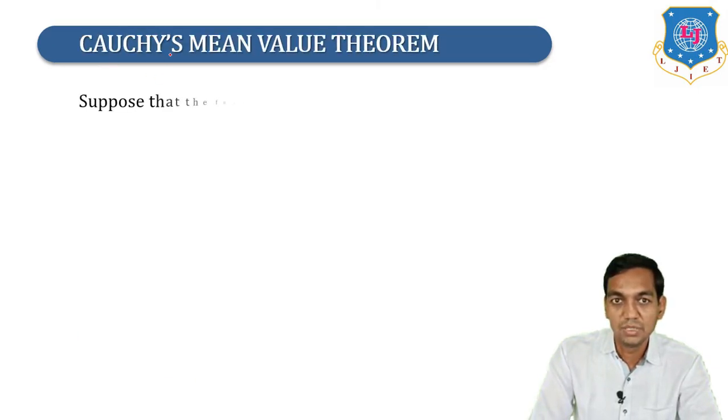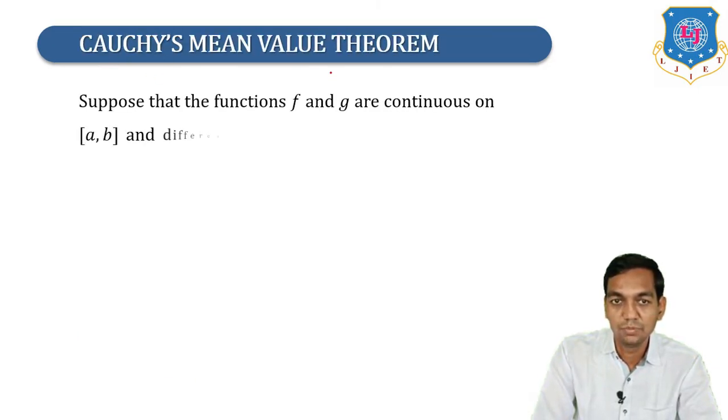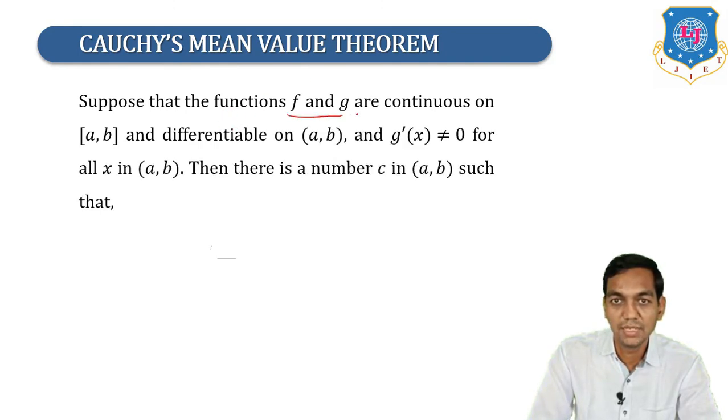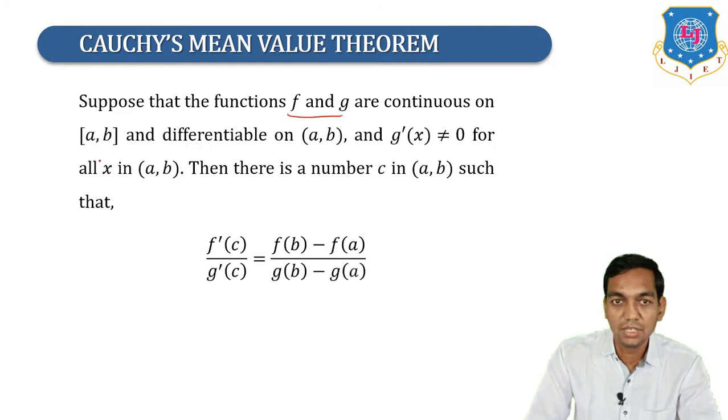The last theorem is Cauchy's mean value theorem. Here, instead of one function, we have two functions f(x) and g(x), which are continuous on the closed interval and differentiable on the open interval, and if g'(x) is not equal to 0 for all x in the interval (a, b), then f'(c)/g'(c) = (f(b) - f(a))/(g(b) - g(a)).